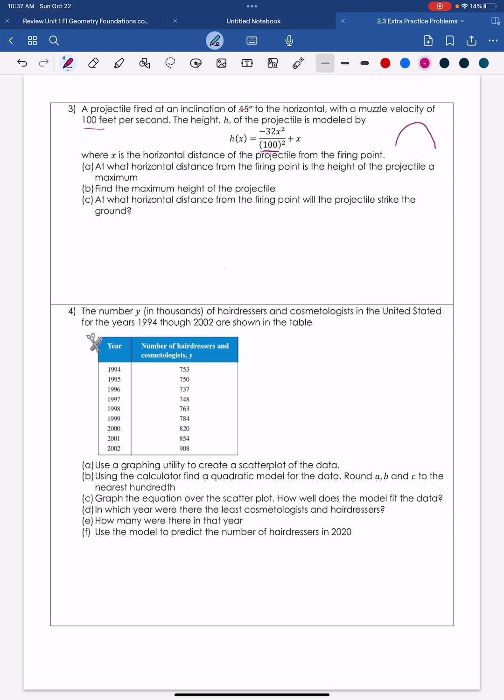So again, we have this same thing. We are still finding the vertex of our parabola. So I know x is equal to negative b over 2 times a. In this case, my b value is 1. A is always whatever is outside the x squared, so this is going to be negative 32 over 100 squared.